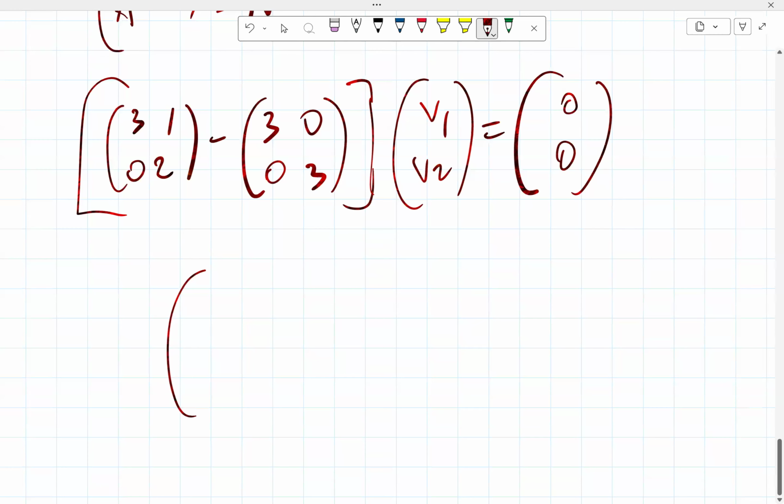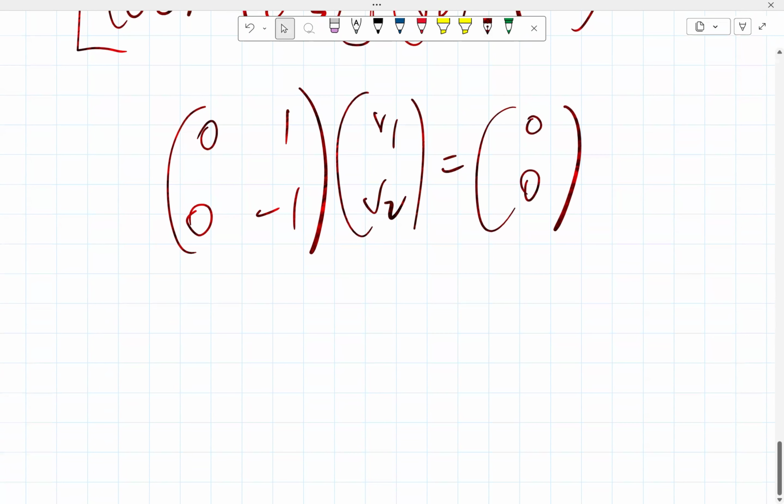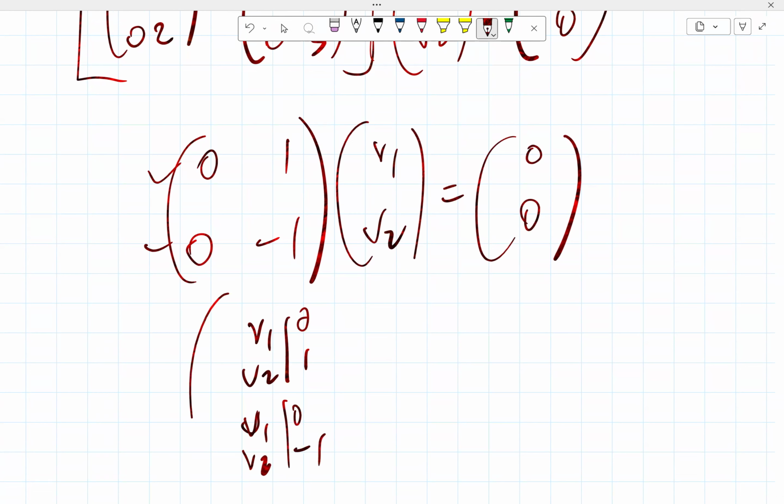If you tidy this up, you have 3 minus 3 is 0, 1 minus 0 is 1, 0 minus 0 is 0, 2 minus 3 is minus 1, times V1, V2 equals 0, 0. Because this is two rows, the first row is 0 times V1 plus 1 times V2, and the other is 0 times V1 minus 1 times V2, each equal to 0.